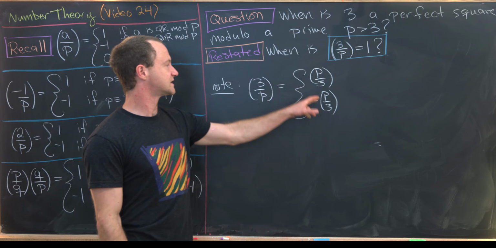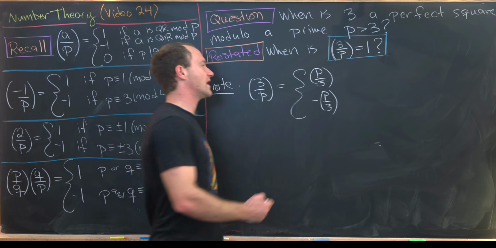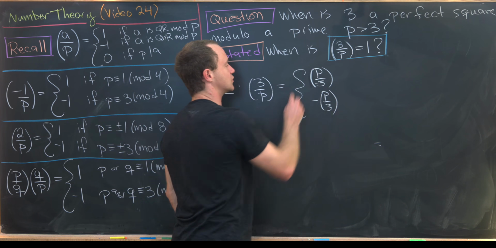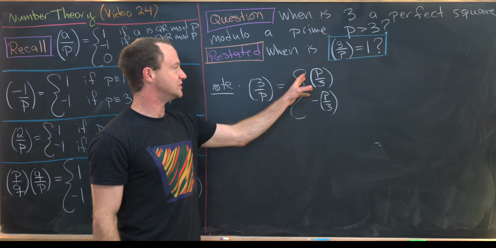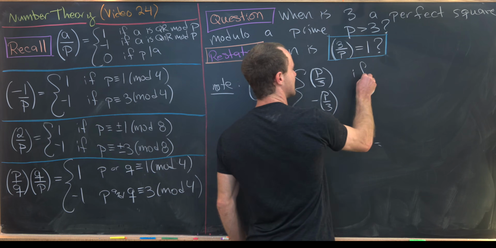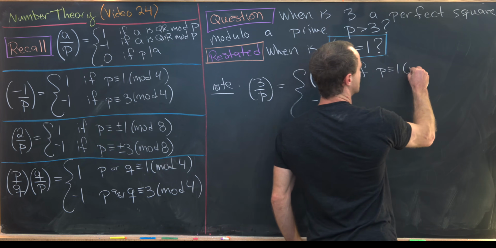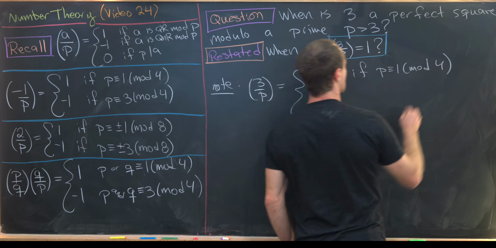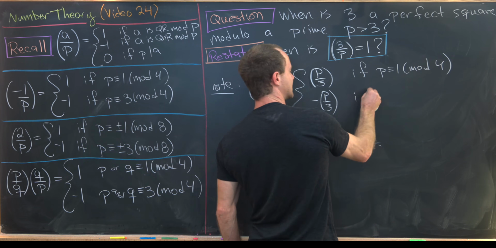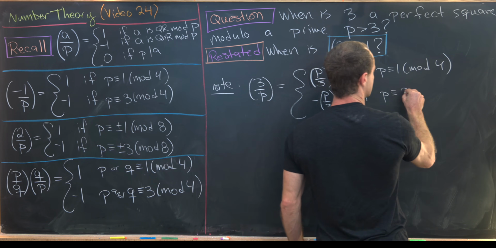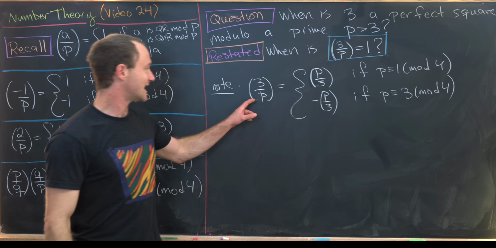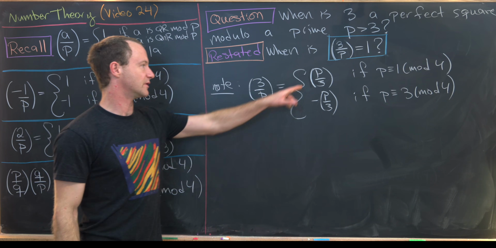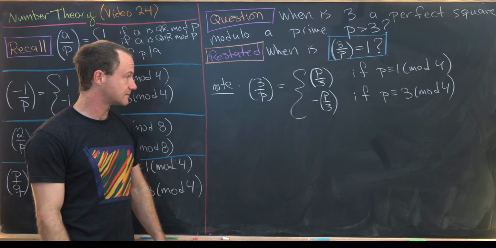So all of this switching hinges on whether or not p is congruent to 1 or 3 mod 4. We do not pick up a minus sign if p is congruent to 1 mod 4, and we do pick up a minus sign if p is congruent to 3 mod 4. Okay, so that's how we can switch our 3 by p with our p by 3.